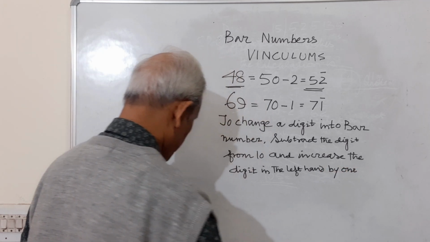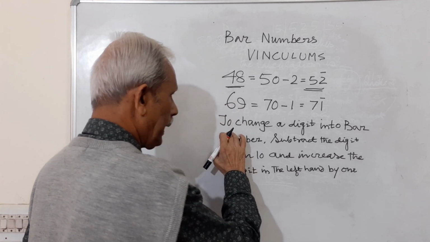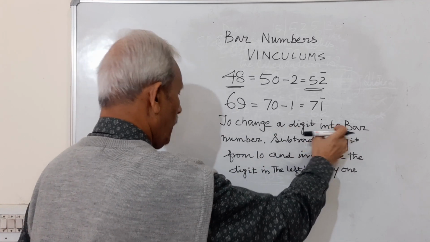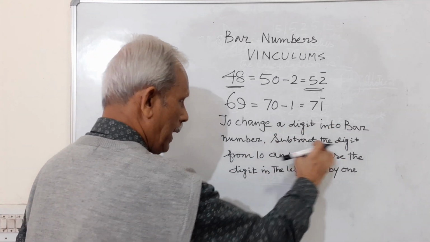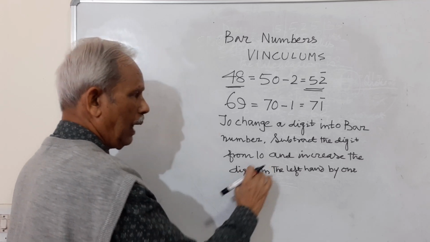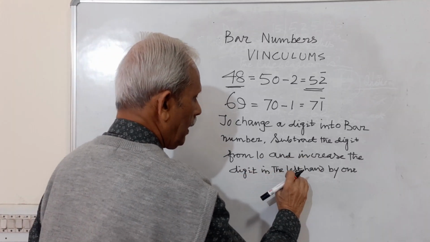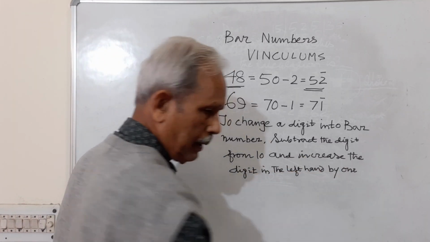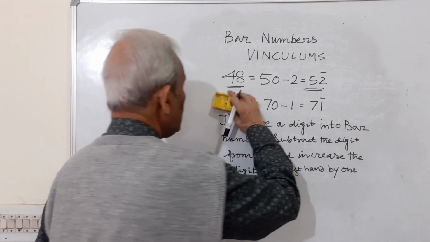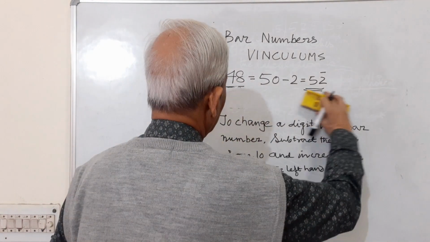Let us read it. To change a digit into bar number, subtract the digit from 10 and increase the digit in the left hand by 1.